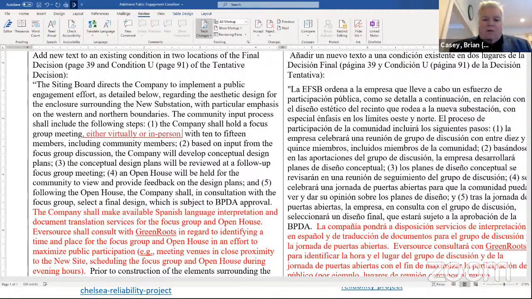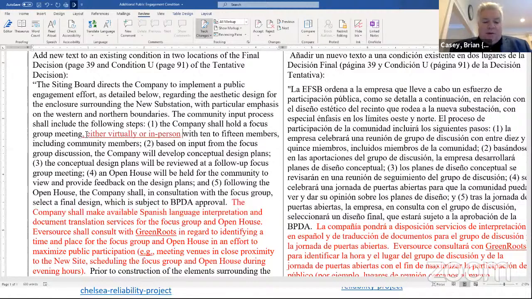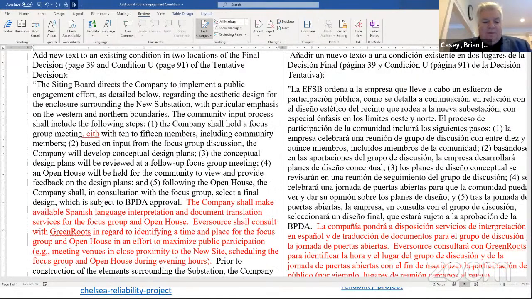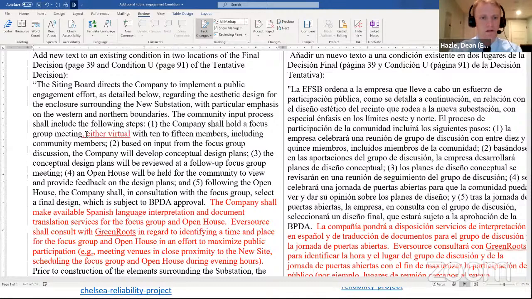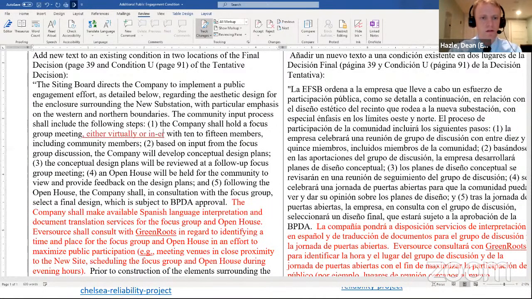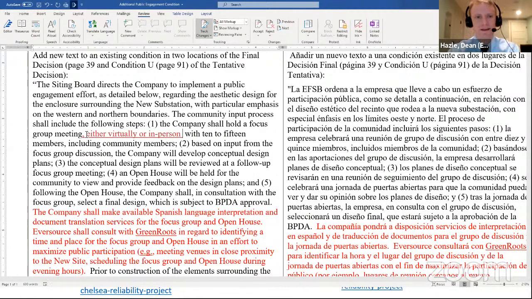Or should that be a more global change at the beginning of the document to address that? Because that's probably throughout the document. I think in this particular instance, there's two events. There's a focus group and an open house. So I think we can address them individually here. Do I need to say anything about, in accordance with COVID protocols or anything like that?